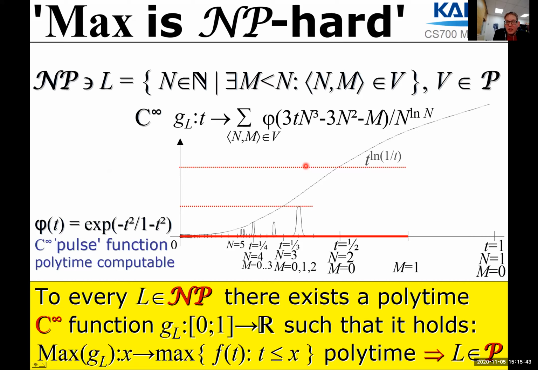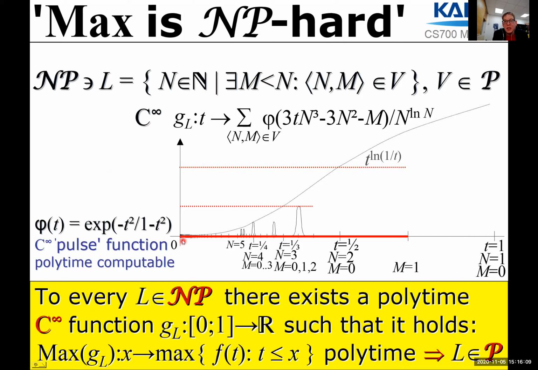So very involved construction, and it demonstrates or rebukes several folklores in numerics. So smoothness does not help, even C infinity does not suffice to guarantee polynomial time computability of the parametric maximum.